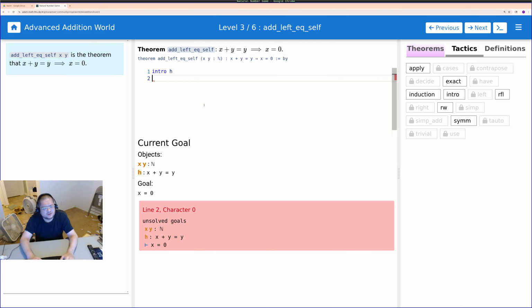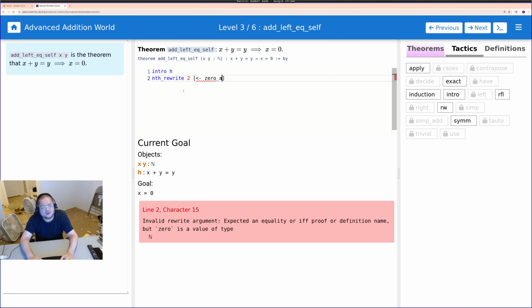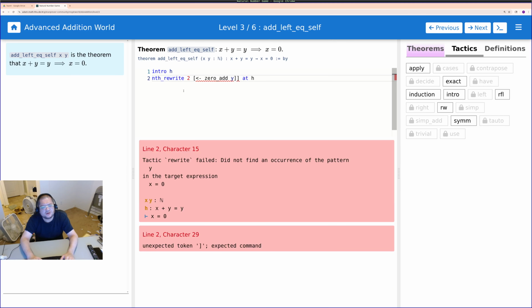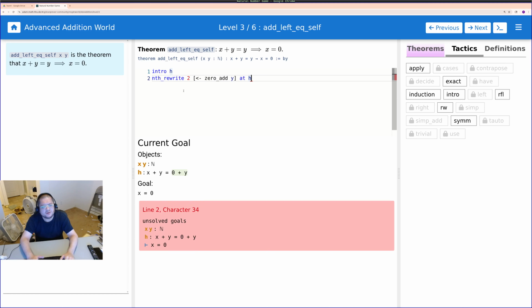Control H. Right, we're going to use the previous one, and to do that we need to make this term here be 0 plus y. So we rewrite the second y, 0 add y at H. Right.